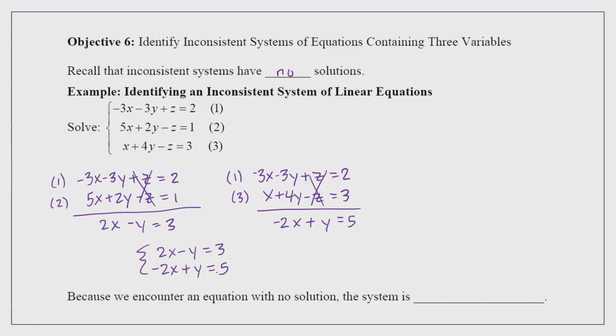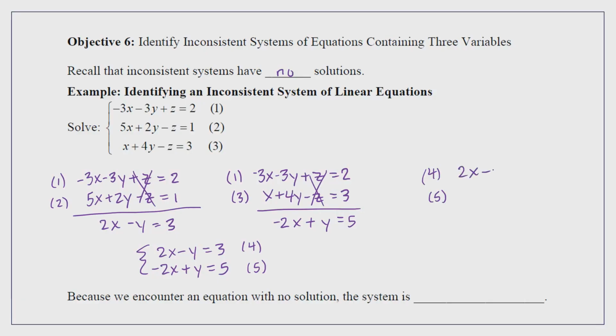Okay. So now, just like in the previous problem, we are going to solve this. We could either use substitution or elimination, but right off the bat, I see here that I can eliminate a variable. So this is now my equation 4 and 5. So I'm going to take equation 4 and 5 and add them together.